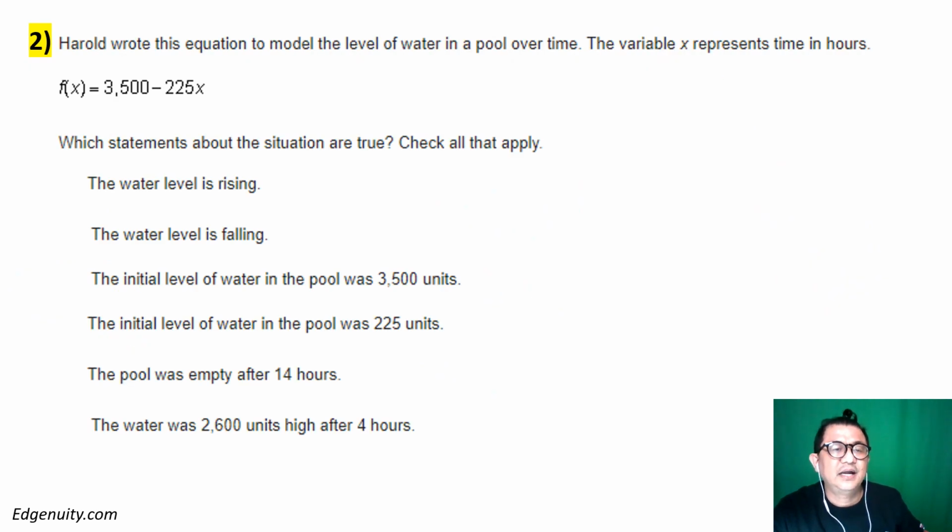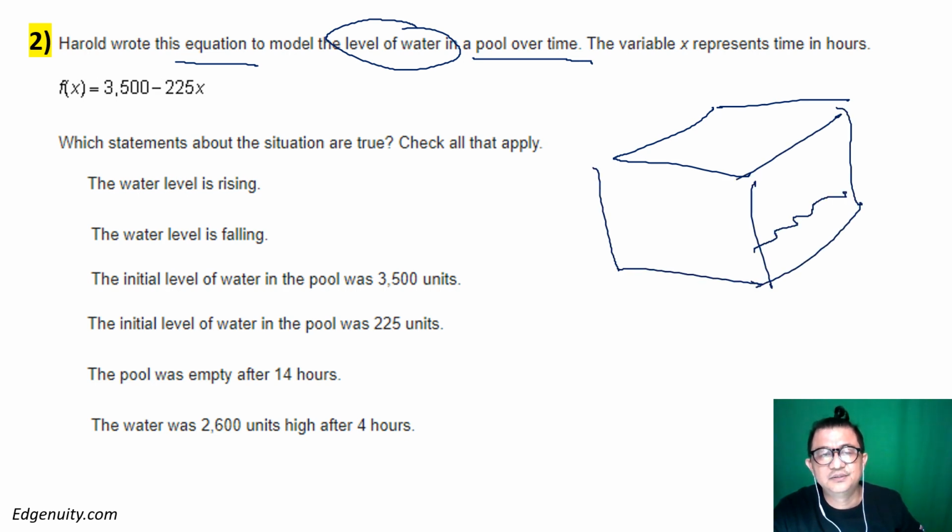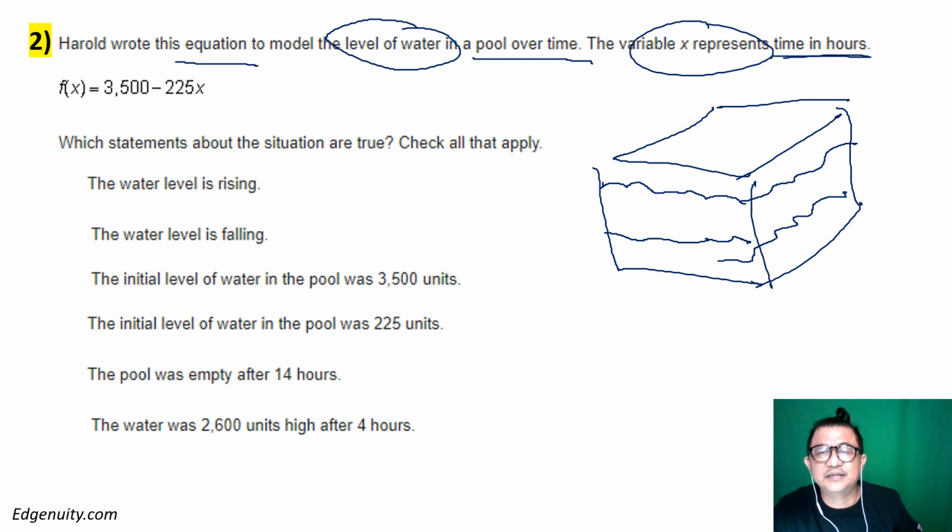Next, Harold wrote an equation to model the level of water in a pool over time. So there's a swimming pool, let's say, and the water level is at a certain height. The variable x represents the time in hours.